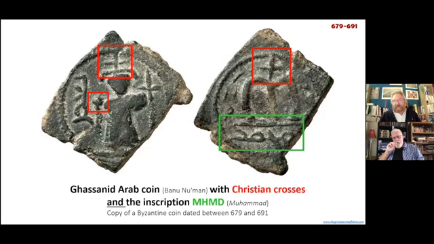Usually, when we see things on a coin, it points at the sovereign. For example, this is a copy of a Byzantine coin, but we have here an image of the Byzantine emperor. So who is this Muhammad? Is he the Byzantine emperor?